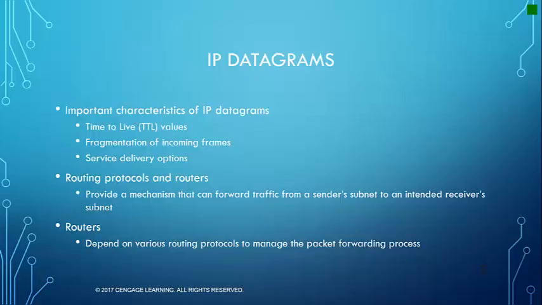Fragmentation of incoming frames occurs when the next link on the router uses a smaller MTU than the incoming link. Reassembling of the fragments always occurs when the frame ultimately arrives at the destination host. And service delivery options control packet and route priorities. Seldom used, but it's worth understanding.